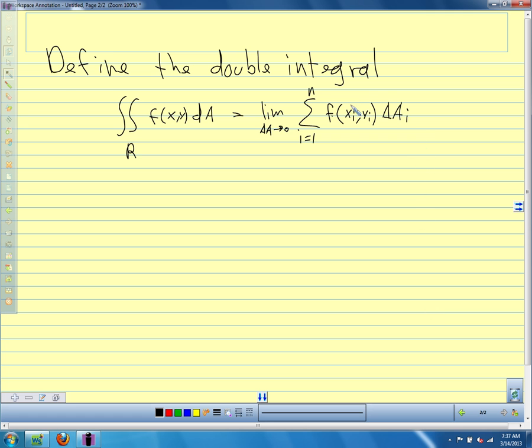So this is the definition of a double integral, and it occurs when the limit exists. And our condition: R is a closed bounded region in the xy plane.